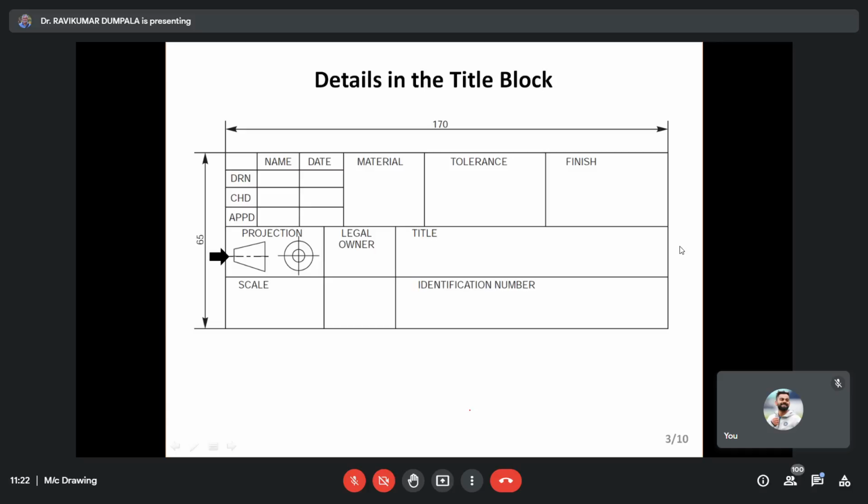And here we use first angle projection. What you see drawn here, the symbol, is it first angle projection or third angle projection? Any one of you please respond.